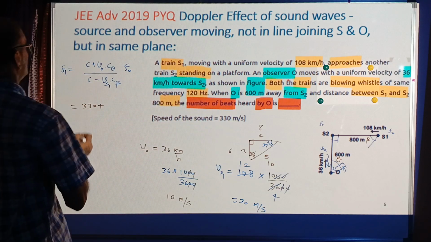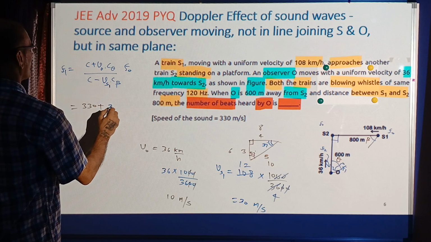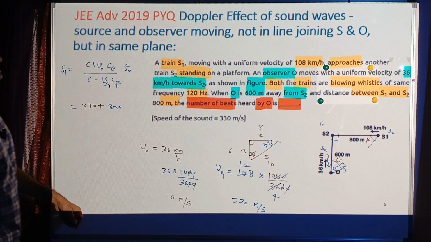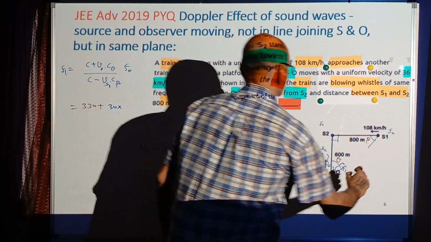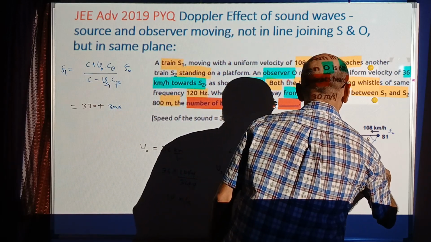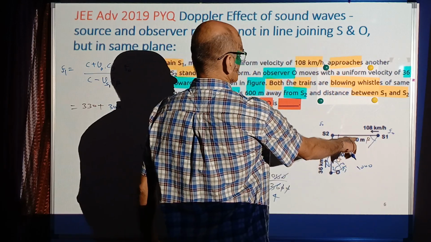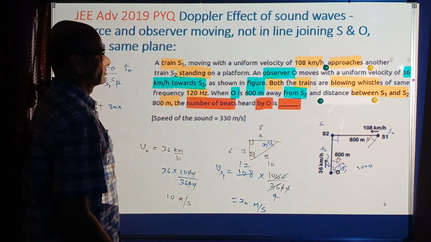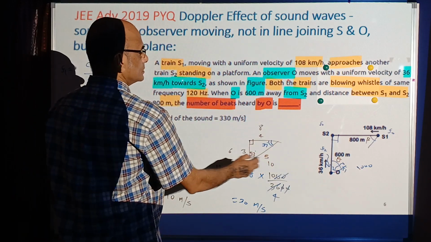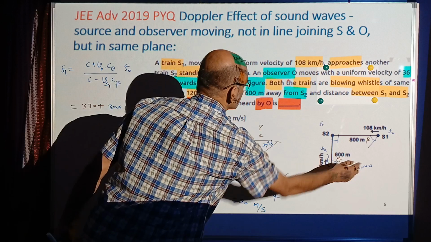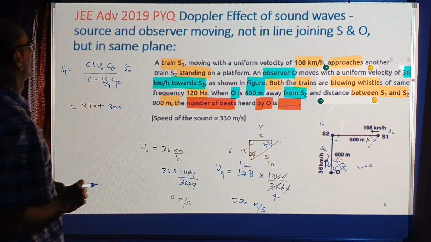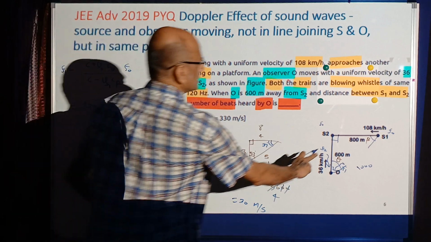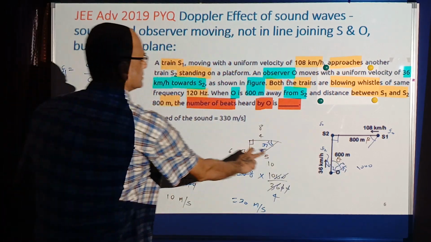So that is Vs1, 30 meter per second, and cos theta is 6 by 10. This is 1000 by Pythagoras theorem. 600 square plus 800 square is 1000. Or 6, 8, 10. So 6 into 100, so 10 into 100 is 1000. So cos theta, it is 3 by 5.